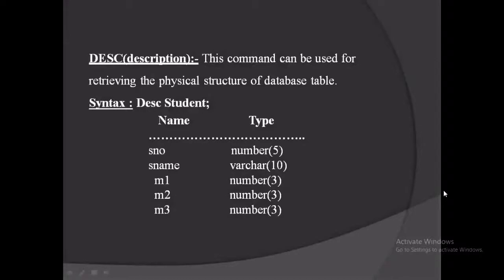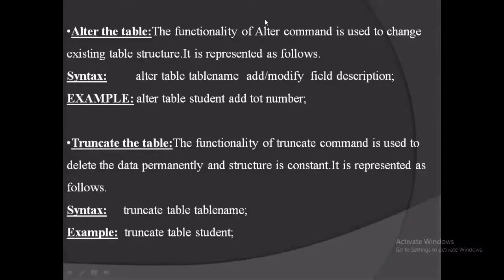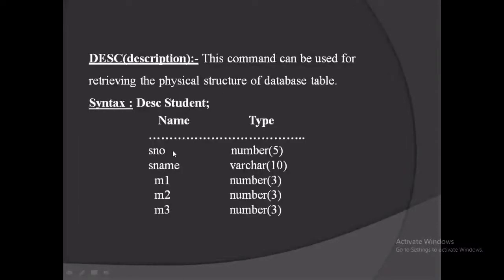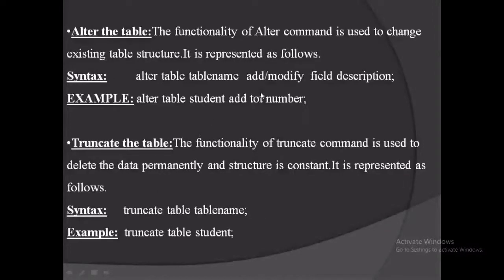Next, alter. The alter command is used to change the existing table structure. Alter means add or modify a field. My table fields are student number, name, M1, M2, M3. There is no total field, so I am adding the total field using the alter command. The syntax is: alter table table name add or modify field description.